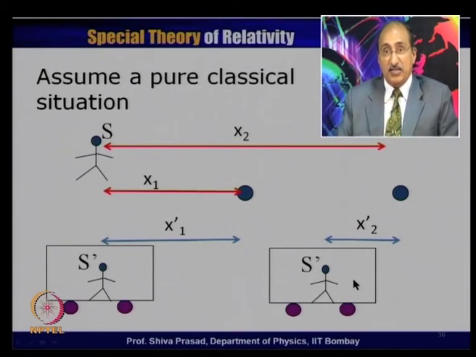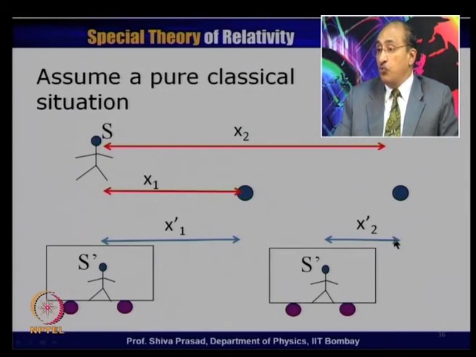So, depending upon delta t, it is possible that this event, let's say, occurred 10 minutes afterwards, and during those 10 minutes, this particular train has moved from here to here. When it has moved from here to here, the second event occurred at only this much distance, because he has also moved with respect to S. So, according to the S prime observer, the coordinate of the second event is x2 prime, while the coordinate of the first event was x1 prime.